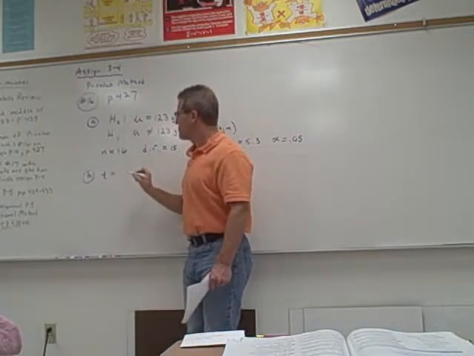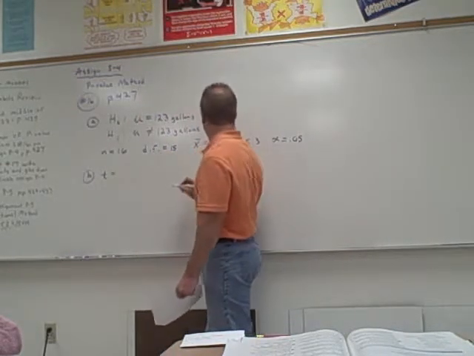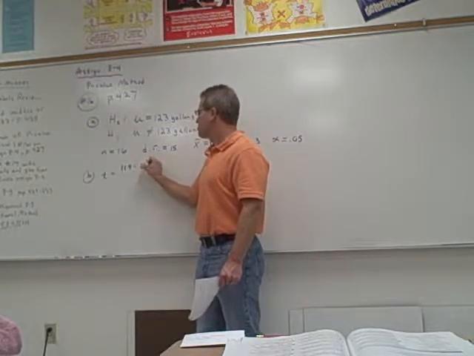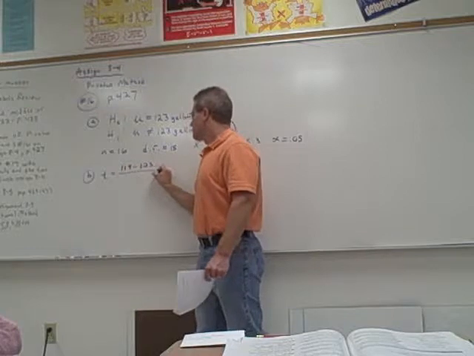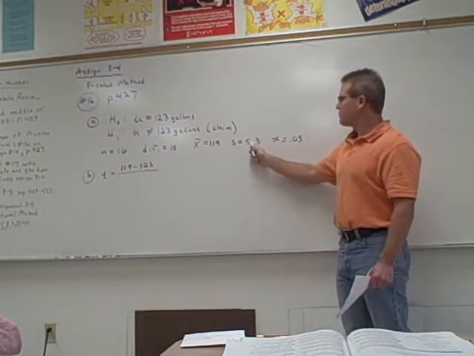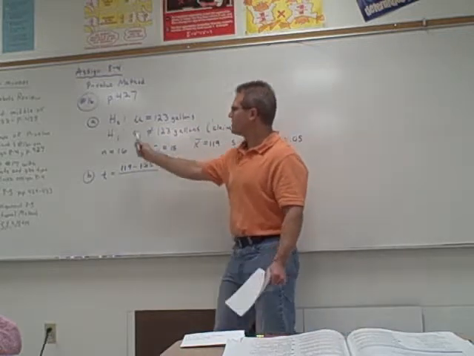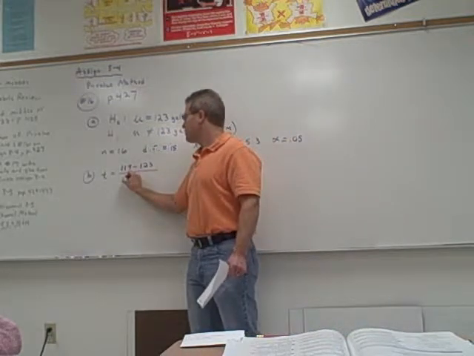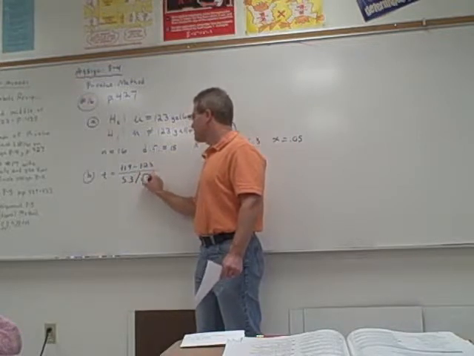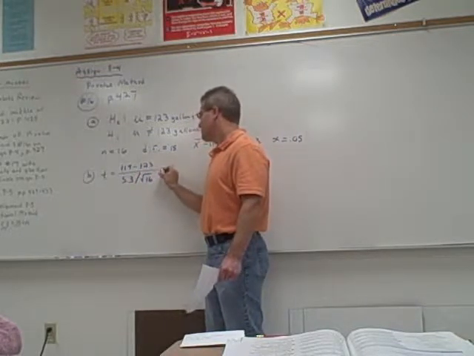So our t formula is going to be x bar, which is 119, minus mu, which is 123, divided by the standard error of mean, which is 5.3 divided by the square root of n. Your standard deviation, 5.3 divided by the square root of 16, which of course would just be 4.